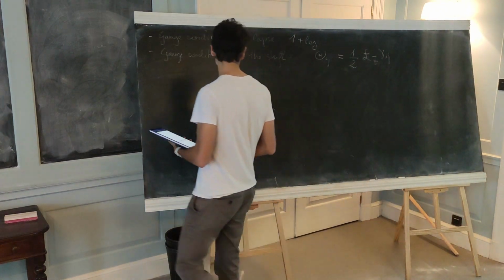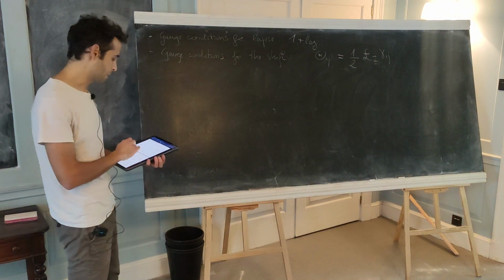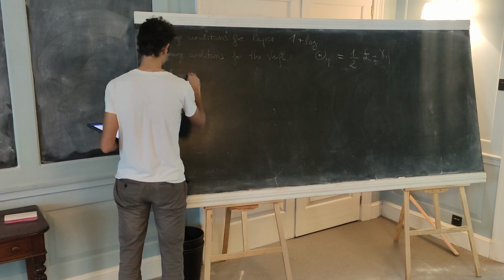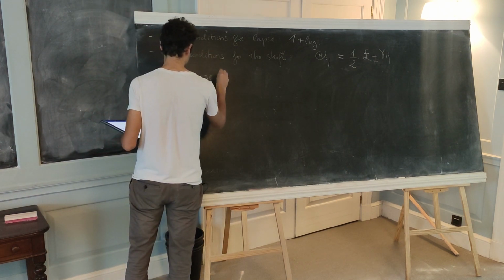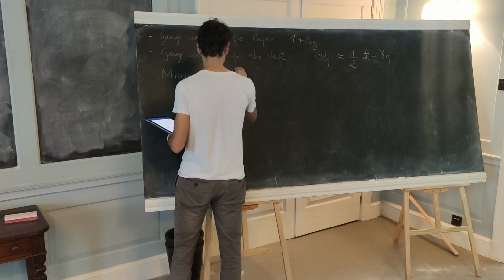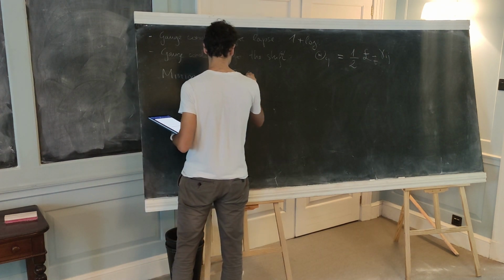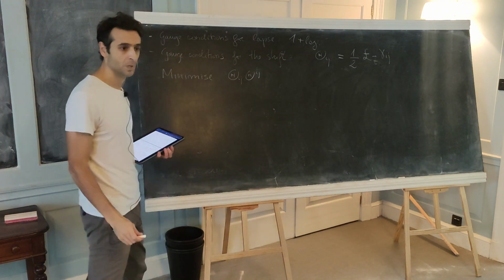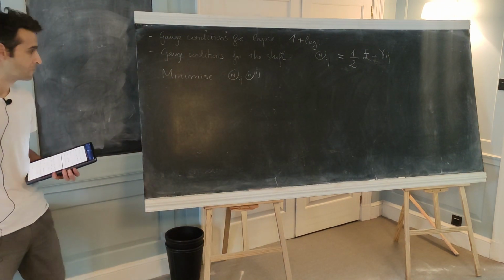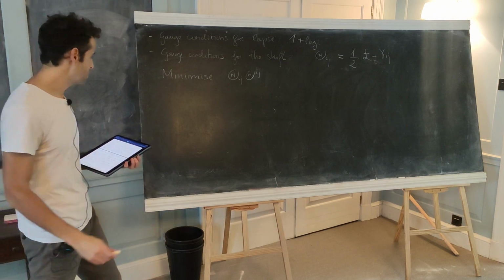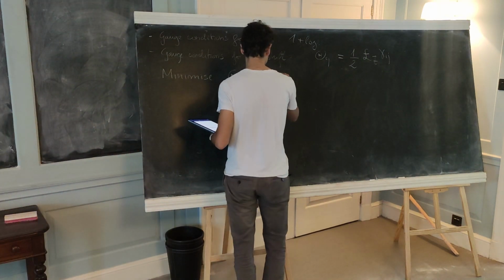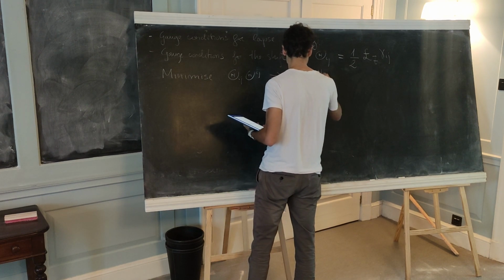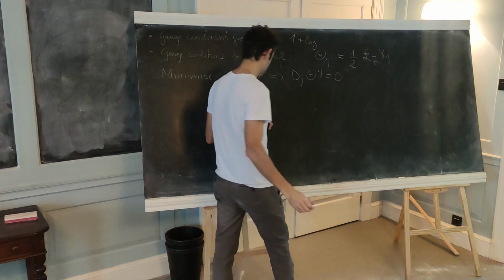And one can say, well, we want to minimize these deformations, so one can minimize this quantity, which is positive definite. That's a variational problem. So minimization of this object, one can show, gives this equation.